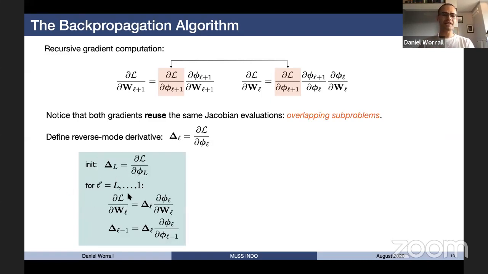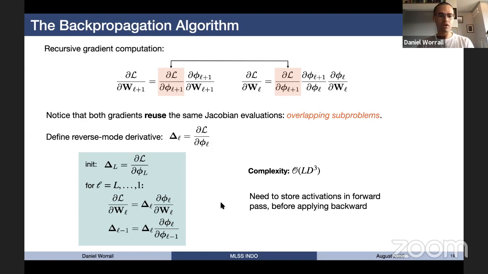And then essentially to compute the gradient with respect to the parameters in each layer L, we recursively compute this reverse mode derivative, or sometimes called the backpropagation error, and there's a simple rule. And we can then use this in another rule to get the individual parameters. I think this is a bit complicated, so there's a picture on the next slide, which I think will be easier to explain.